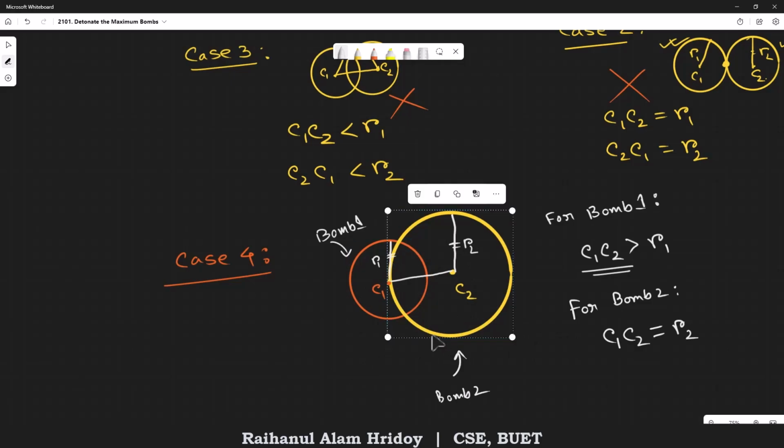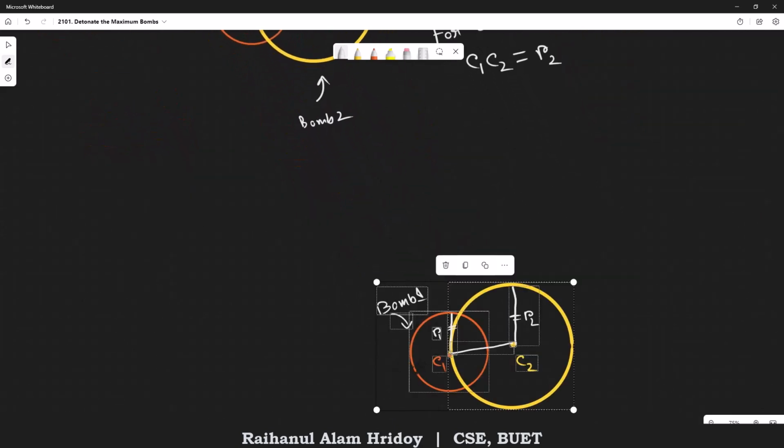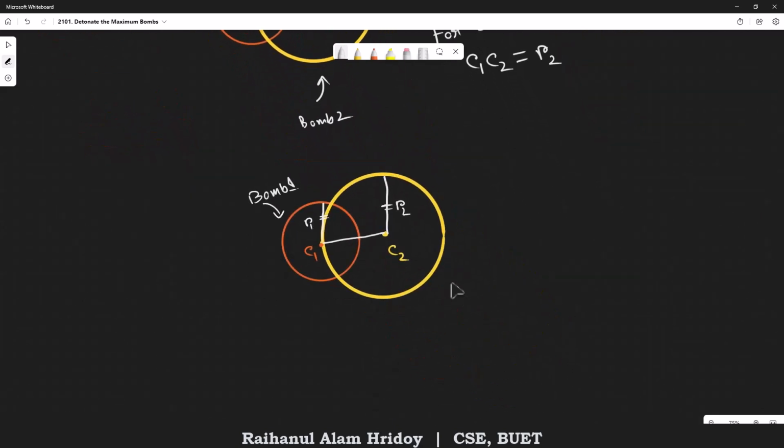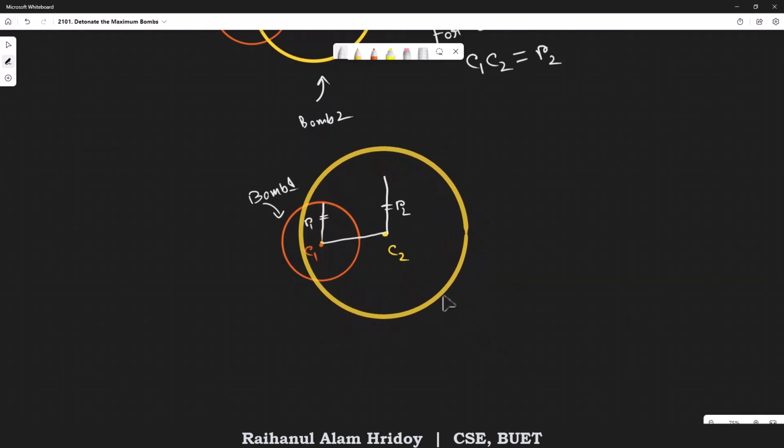So this is the case where we can see that detonating bomb 2 will detonate bomb 1. But there's another case, and in here suppose this is bigger, and the radius is inside.